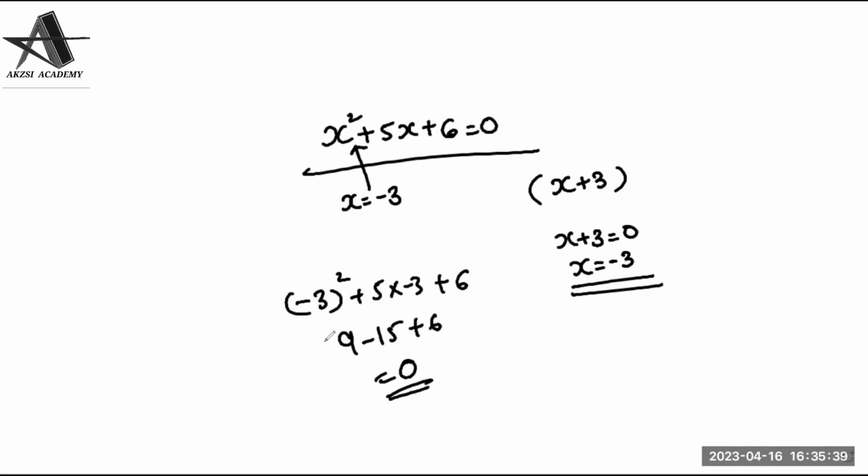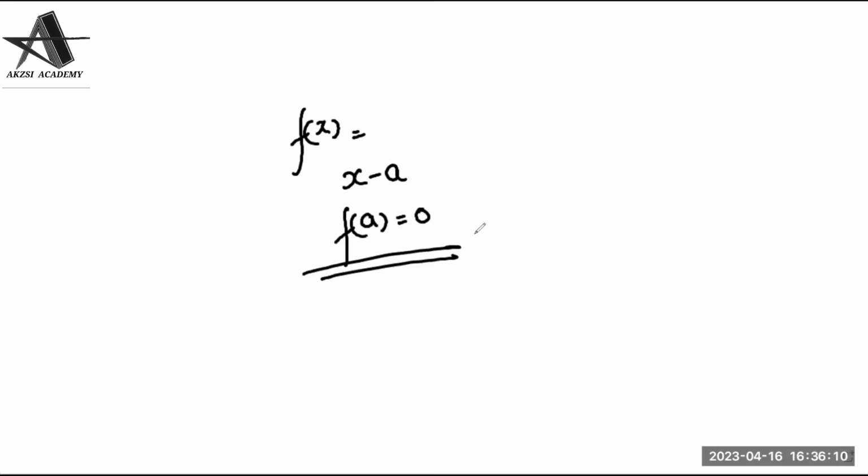If I'm getting 0 as my answer, that means yes, it's a factor, or x equals negative 3 is the solution. Same thing for the factor theorem. Factor theorem says if f(x) is any algebraic function, then x minus a is a factor only if f(a) is equal to 0.